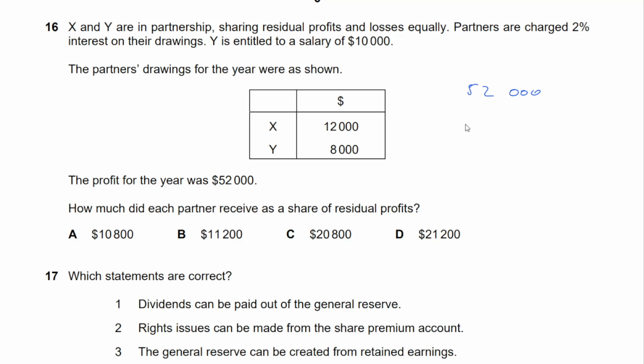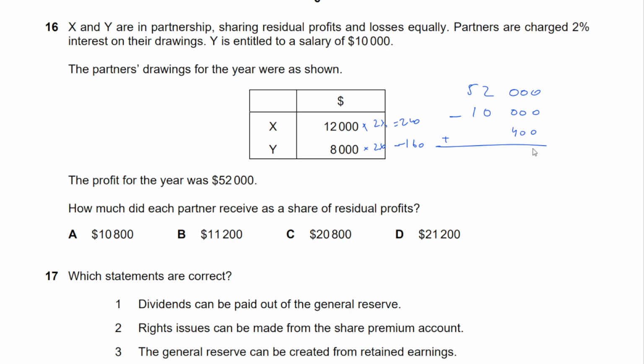We have to subtract the salary, and we have to add the interest on drawings, which is 2% of each of these amounts. 0.02 times 12,000, that's 240, and times 8,000, that's 160. 240 plus 160 is 400. We have to add 400 in total. Anything else? I believe that's it.